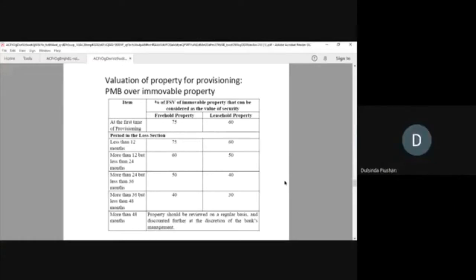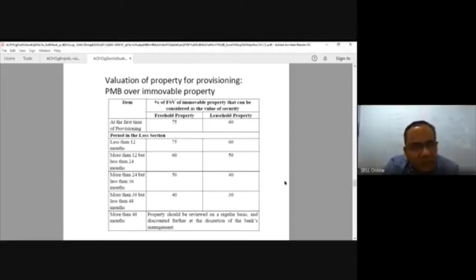Based on the valuation report, we are doing this. Is there any validity period for the valuation report? As per the central bank regulations, it is valid for 3 years.